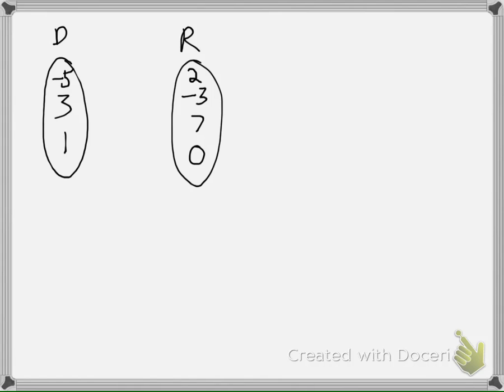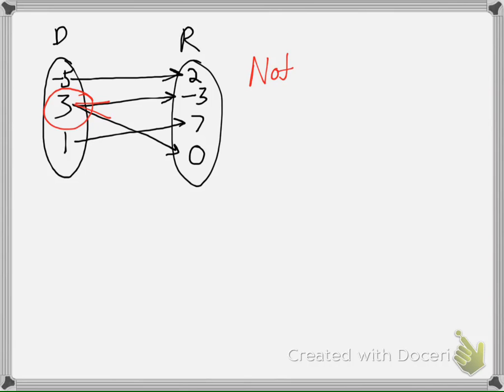And if we were to make our mapping diagram, -5 is paired with 2, 3 is paired with -3, 1 is paired with 7, and 3 is also paired with 0. So here again we see one single domain going to 2 different range, which tells us this is not a function.